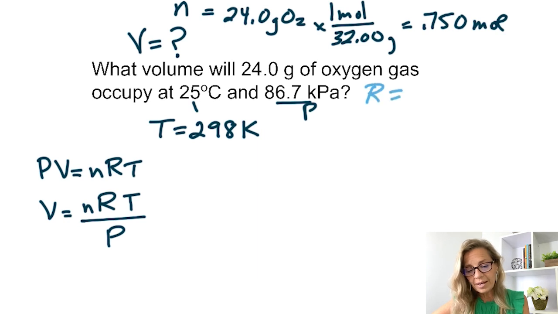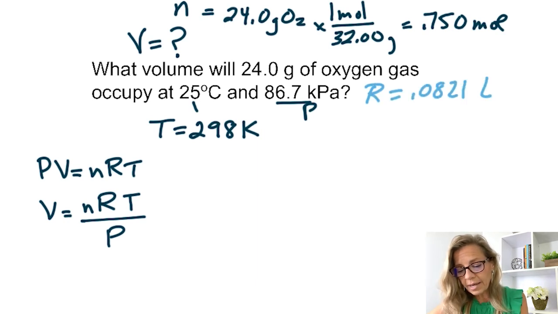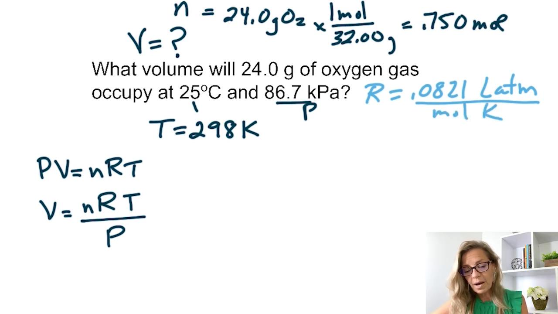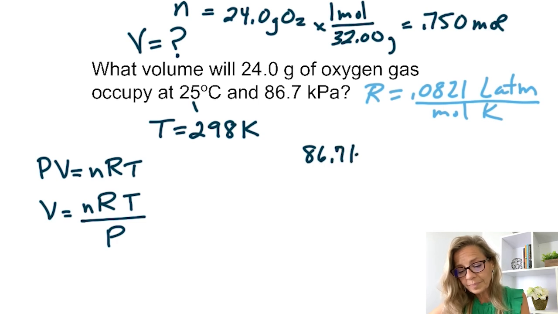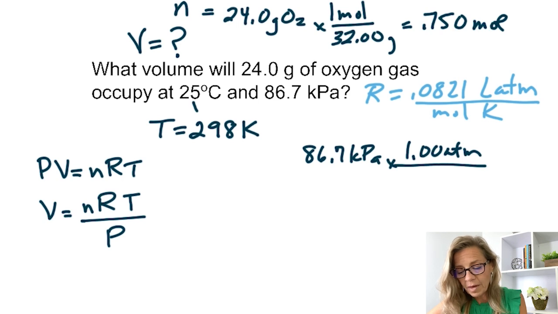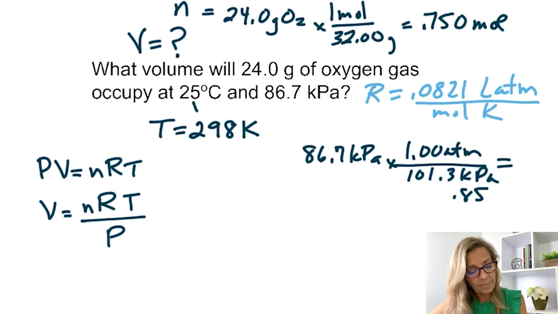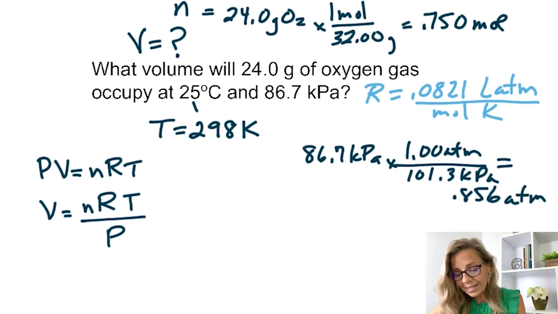Now, one thing that I am going to use is the R that I gave you, 0.0821 liters atmospheres per mole Kelvin. Now, my pressure is not in atmospheres, so let me go ahead and fix my pressure here. I'll take my 86 kilopascals, and I know that 1 atmosphere is 101 kilopascals, and so that will give me 0.856 atmospheres.